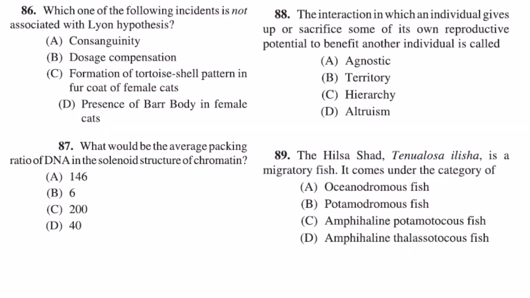Then, which of the following incidents is not associated with the Lyon hypothesis? So the Lyon hypothesis is X chromosome inactivation, and in females one of the two X chromosomes is inactivated, and this is to avoid a doubling of gene expression.